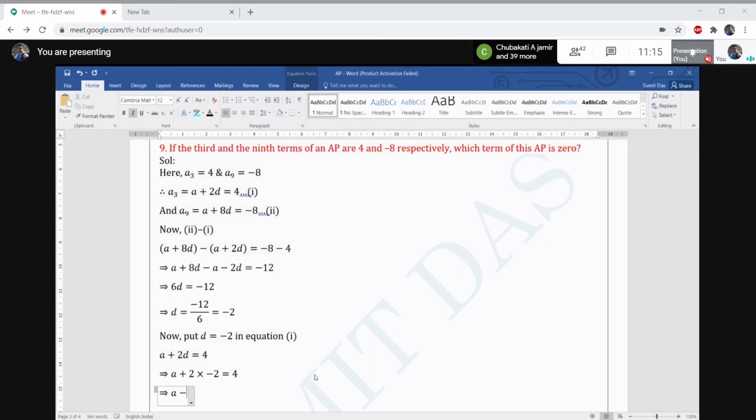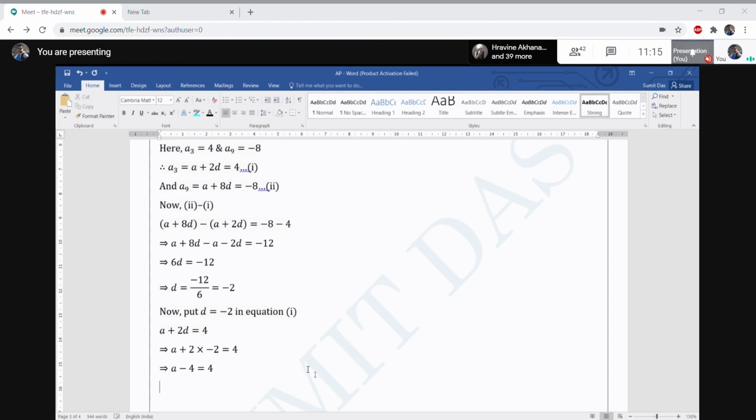Then A minus 4 equal to 4. So we will get A equal to 4 plus 4, equal to 8. A and D we got.